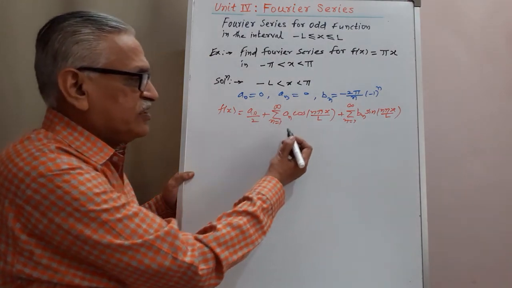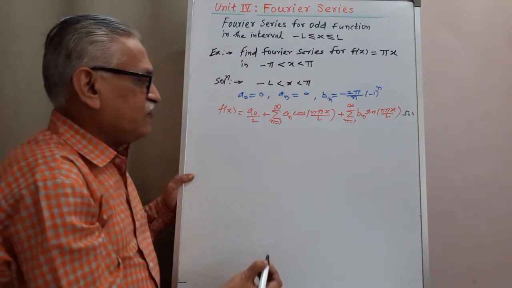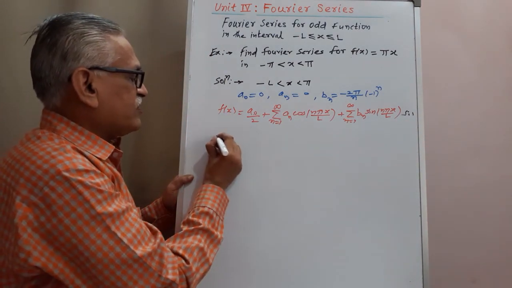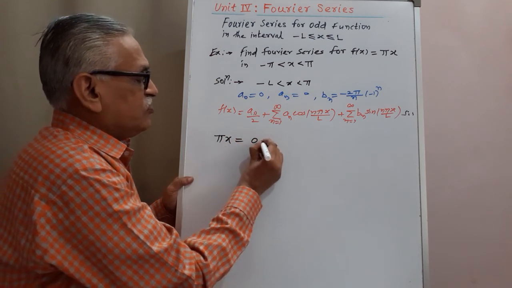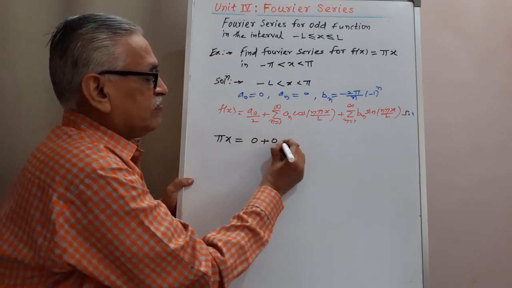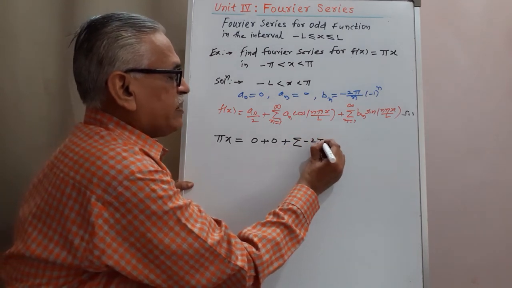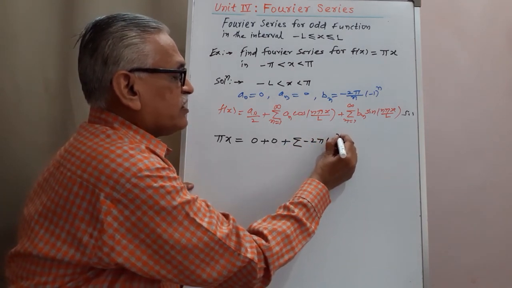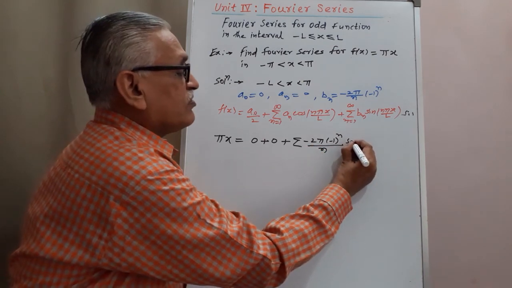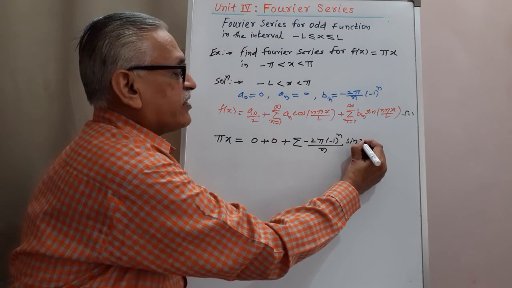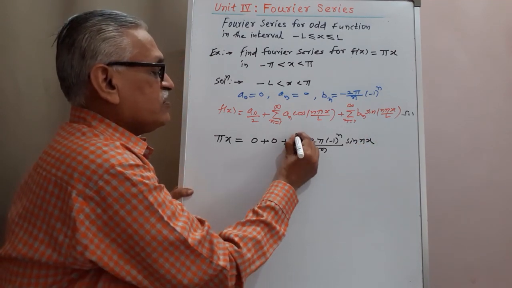Substituting all the values in equation 1, we get the Fourier series: f of x is pi x, with a0 0, an 0, and bn equal to minus 2 pi times minus 1 raised to n divided by n into sine of nx, where n changes from 1 to infinity.